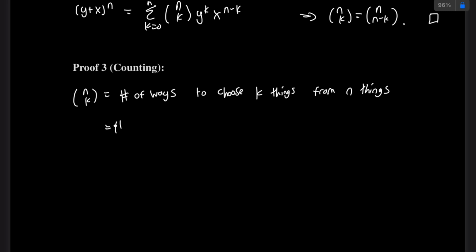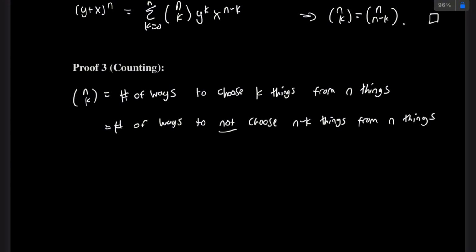But this is really the same as the number of ways to not choose n minus k things from n things, right? Because choosing k things is essentially the same as just not choosing everything else, right?